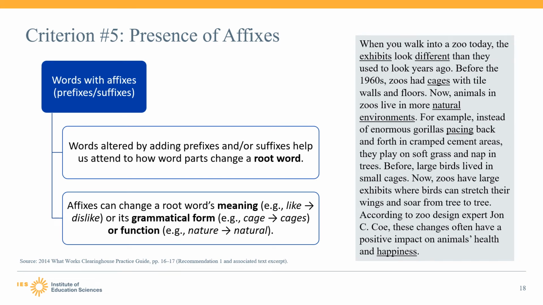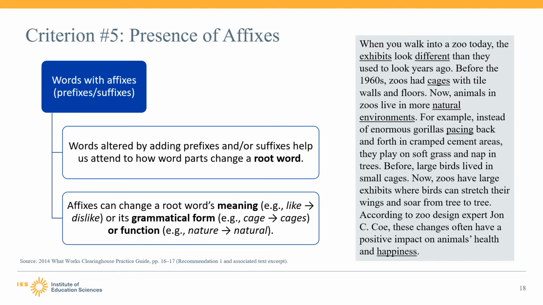They can change its meaning, so for example, converting like to dislike, its opposite, using a prefix dis-, which has a very general application, or the affixes can change a word's grammatical form or function. So grammatical form of singular to plural noun, cage to cages, just by adding the -s suffix, or changing the function of a word from a noun to an adjective, going from nature to natural.